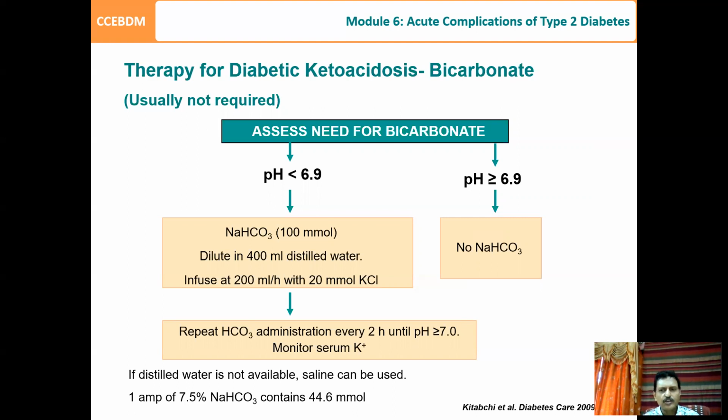Now this 40 units of insulin has to be divided into a basal bolus regimen. How much will be basal and how much will be bolus? Basal will be 50% and bolus will be 50%. So 20 units will be the basal and 20 units will be the bolus.